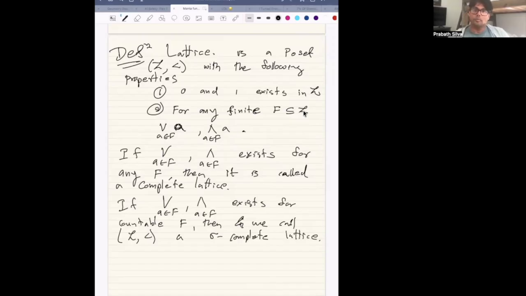The sigma stands for countable. A sigma algebra, for example, has countable unions and countable intersections.